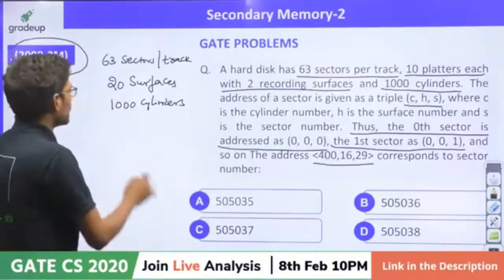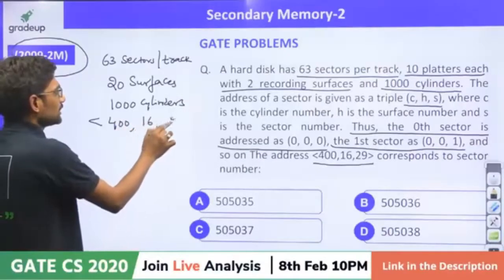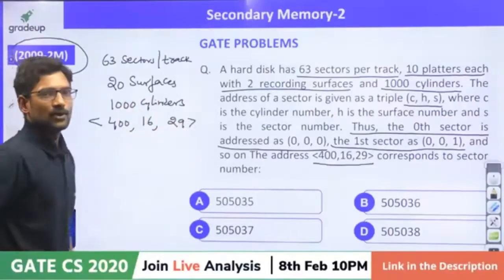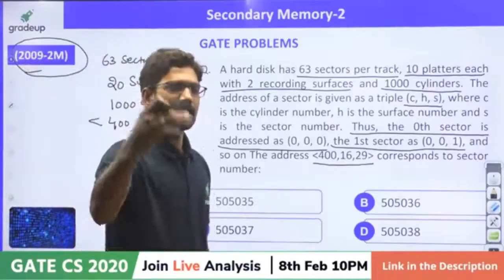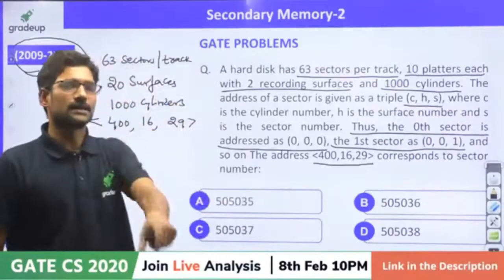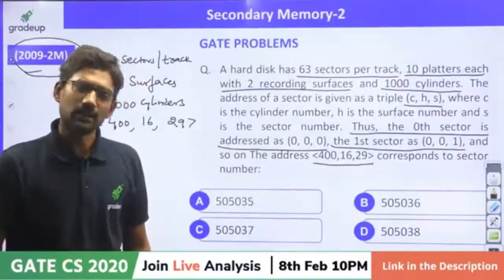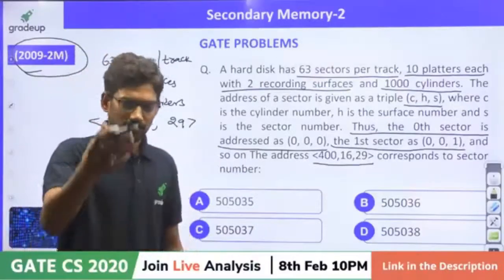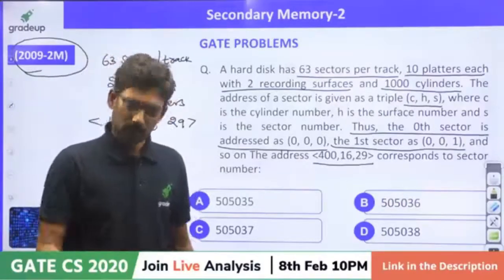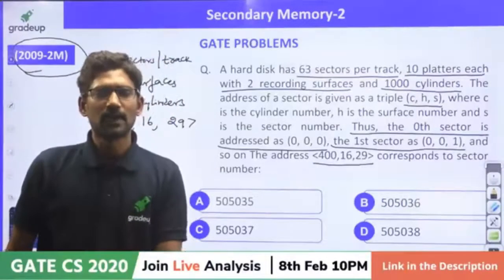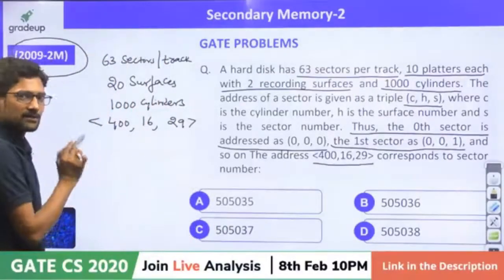41629. So what is CHS? C is 400, H is 16, S is 29. You have the formula with you. So just calculate. You can use a calculator because in the GATE exam you will be provided with a virtual calculator. For a while you can use your mobile or computer calculator. Tell me, what is the formula?